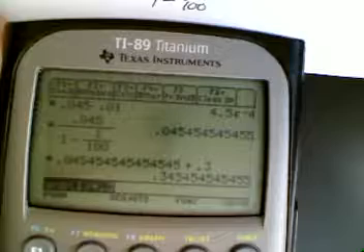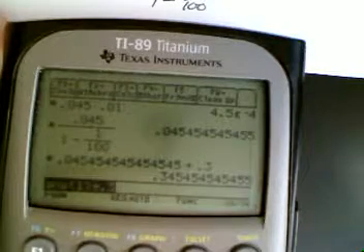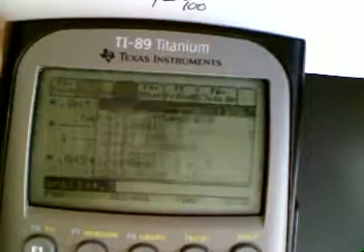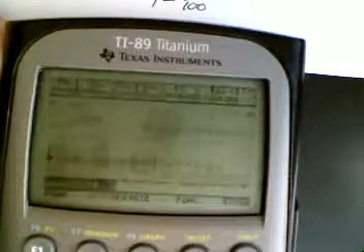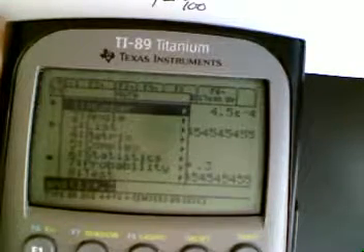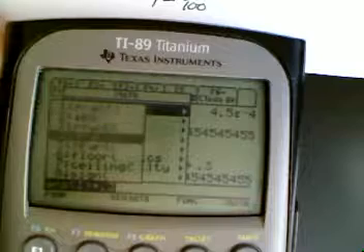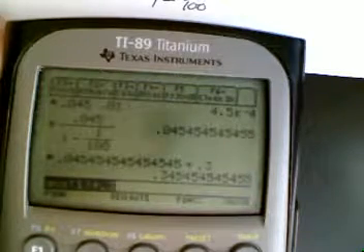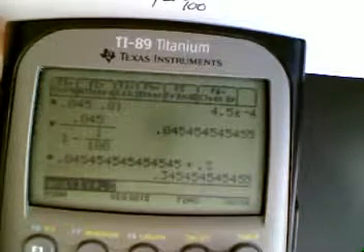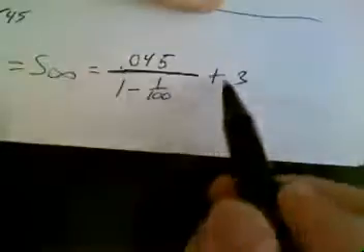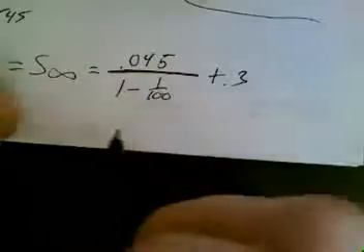So let's see here. I know that there's a button for it, and I don't have it here. So I'm going to have to move decimal places around, which is not going to be pretty, but that's okay. Mathematically, when you send it to a fraction, which you can do, I can't do it on my calculator because I don't remember how the buttons work.